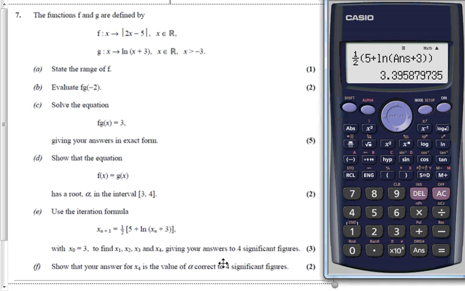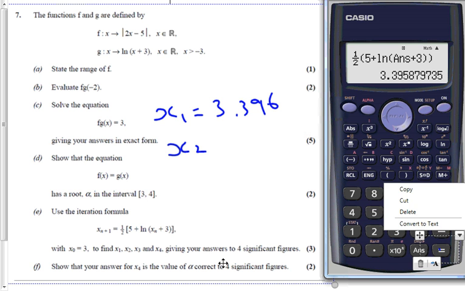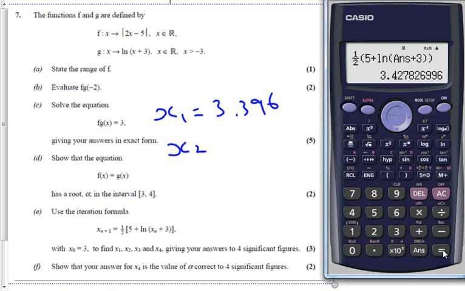So let me just write that in. x1 is equal to, to 4 significant figures, 3.396. For x2, rather than having to write everything out again, I simply need to press equal, which is 3.428, to 4 significant figures.